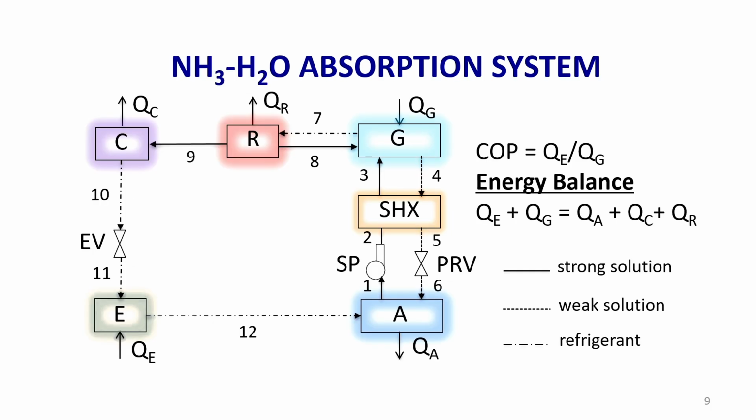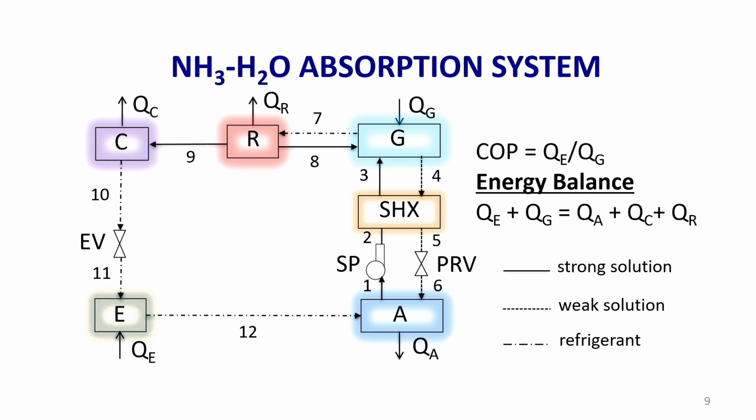So this is the schematic of an ammonia water absorption system. If you see this, there are quite a few heat exchangers involved. I will explain each and everything. If you see the common devices, when we compare this schematic with the vapor compression system, here C refers to the condenser, the same term, EV is expansion valve and E is evaporator.